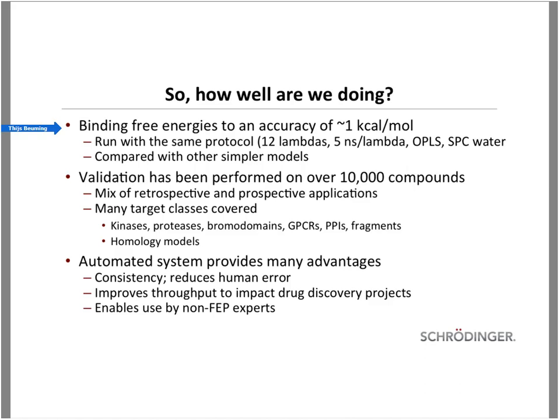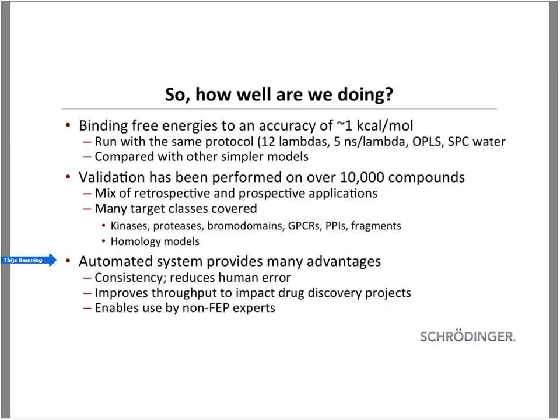Obviously, it would have been impossible to simulate 10,000 compounds using a manual setup. So the availability of an automated system is helpful because it improves the throughput that is necessary to impact drug discovery projects using FEP. It also makes sure that these calculations are all done in a consistent, comparable manner by reducing the ability of ourselves to make mistakes.